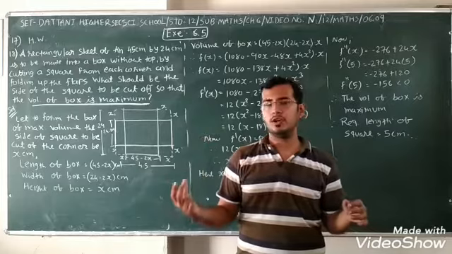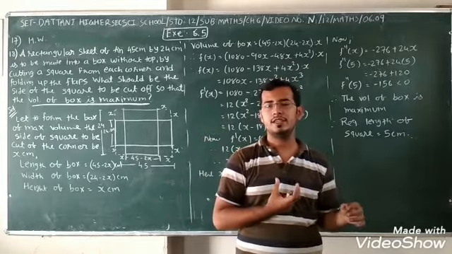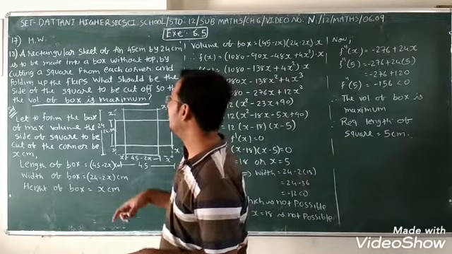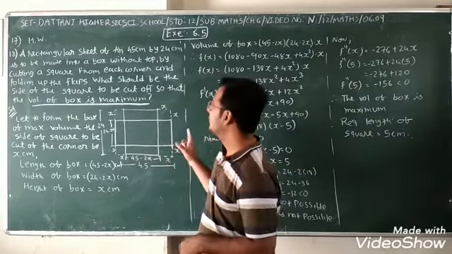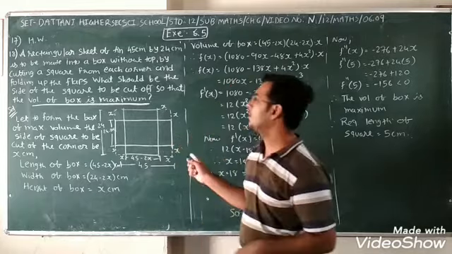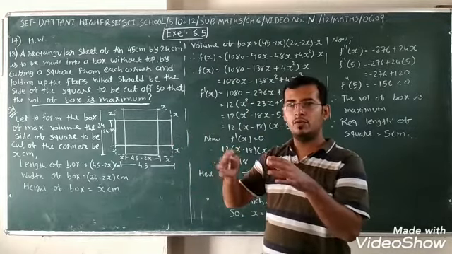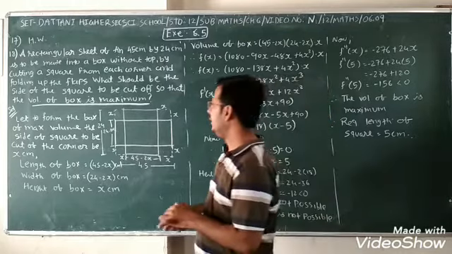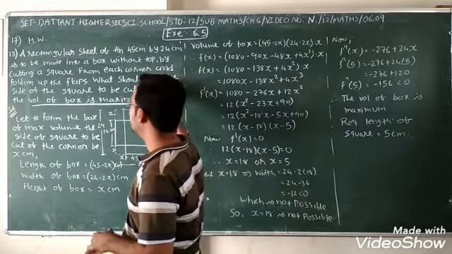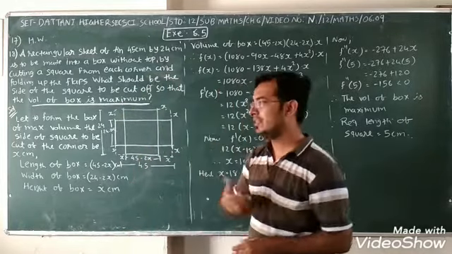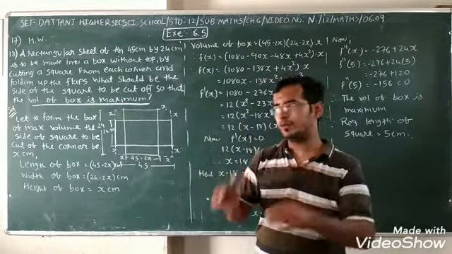You have to cut at the four corners, cutting x centimeter from each corner. Okay, you have to cut and then flap, that is fold up, and then you have to find what should be the size of the square to be cut off. So how many centimeters will be cut, and then it is folded up.